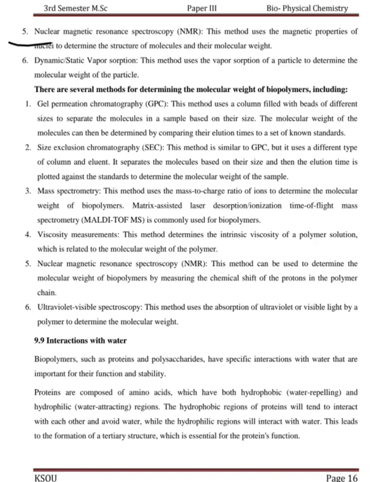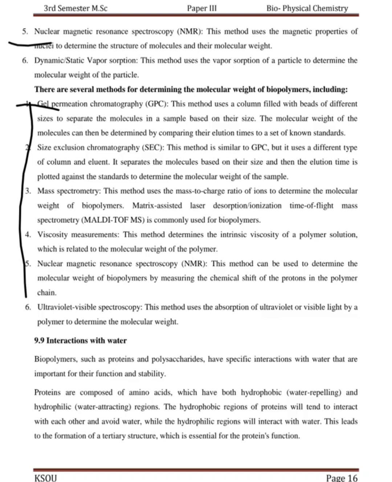So there are several methods to determine the molecular weight of biochemicals, such as gel permeation chromatography. This method uses a column. You have studied the chromatography technique. It is mainly used to separate the substances to identify the molecular weight.